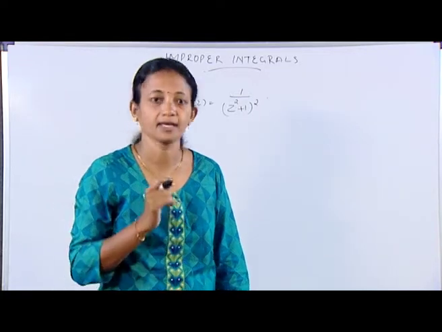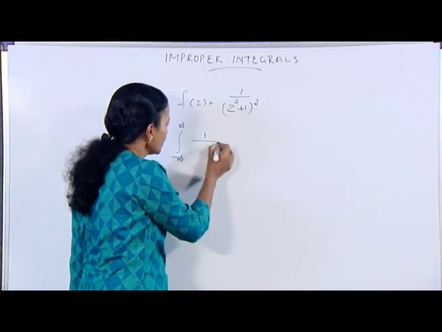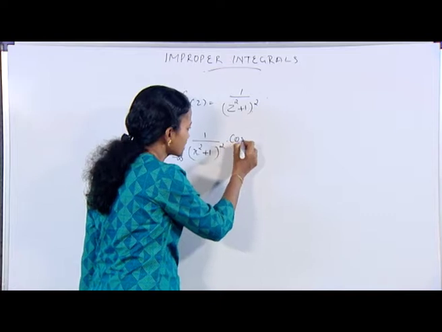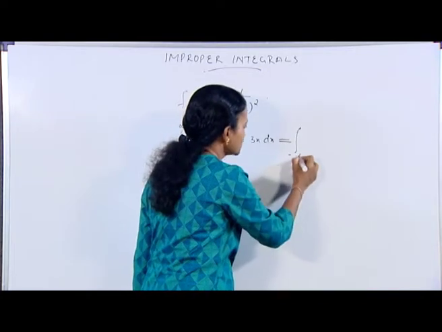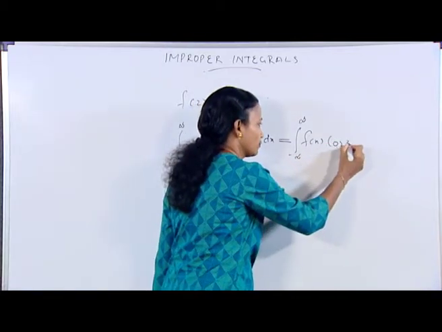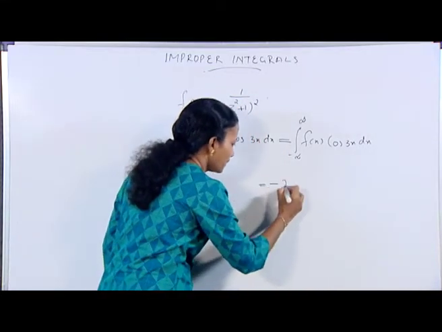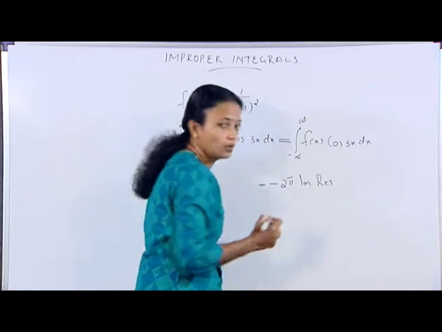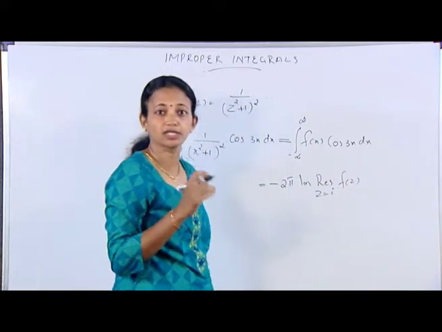Using 6, we can write the integral from minus infinity to infinity of 1 by (x squared plus 1) whole squared into cos 3x dx, which is equal to the integral of f(x) cos 3x dx, as minus 2 pi times the imaginary part of the residue at z equals i of f(z) e raised to i 3z.